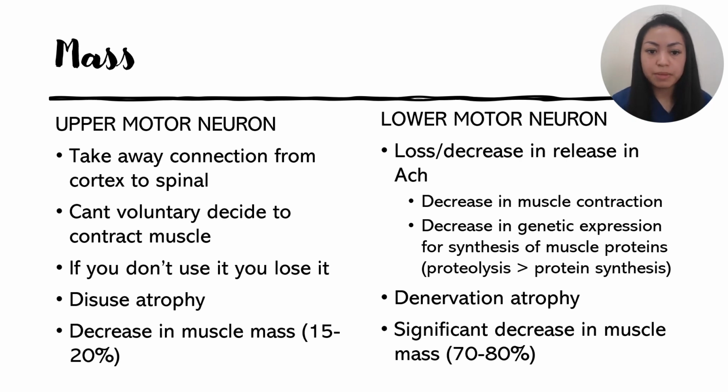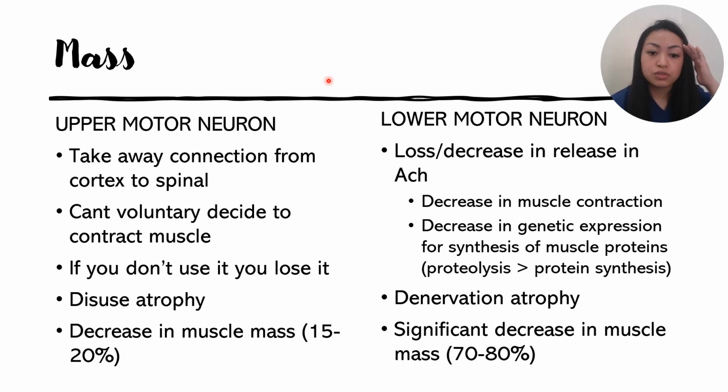Okay, so let's talk about the difference between upper motor neuron lesions and lower motor neuron lesions in terms of their effect on muscle mass. So with upper motor neurons, I told you, either the corticospinal or the corticobulbar tract start from the motor cortices in our cerebral cortex.